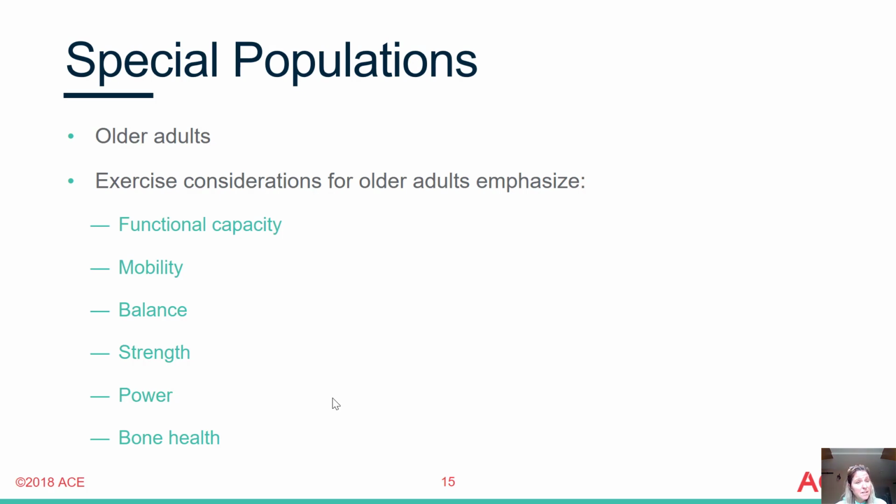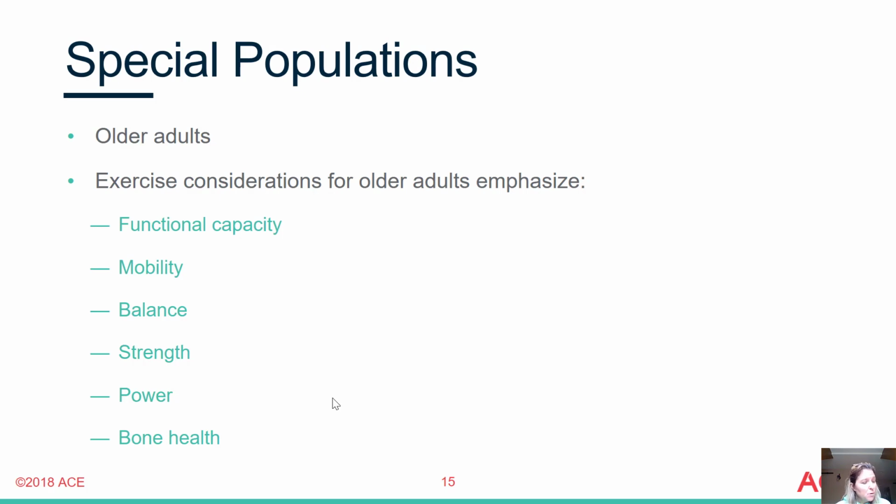So as far as instructing this population, we want to ask participants at the beginning of class if they have any limitations that they should share with us. We want to know for this population, is there any special limitation we need to know so we can modify for them? Extended warm-ups and cool-downs are so important with this population as well.